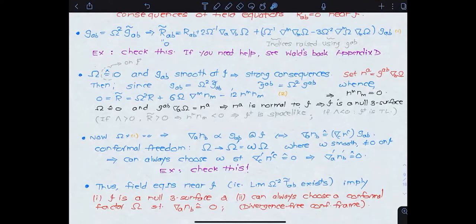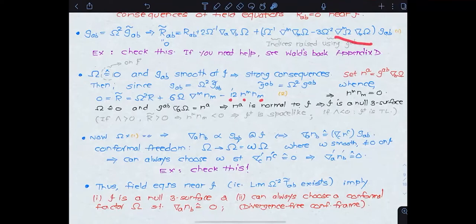Since g tilde AB is equal to omega squared times g AB, if I contract this equation with g tilde AB, that is the same as contracting with omega squared times g AB on the right-hand side, and g AB is perfectly well defined. So I get omega squared times R, and here instead of omega to the minus 1, I get omega. And here, similarly, I get the contraction, and I just get 12 times n m.